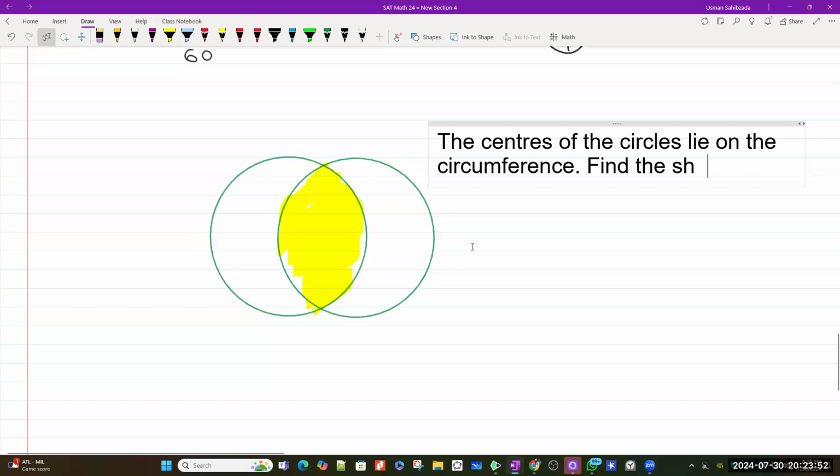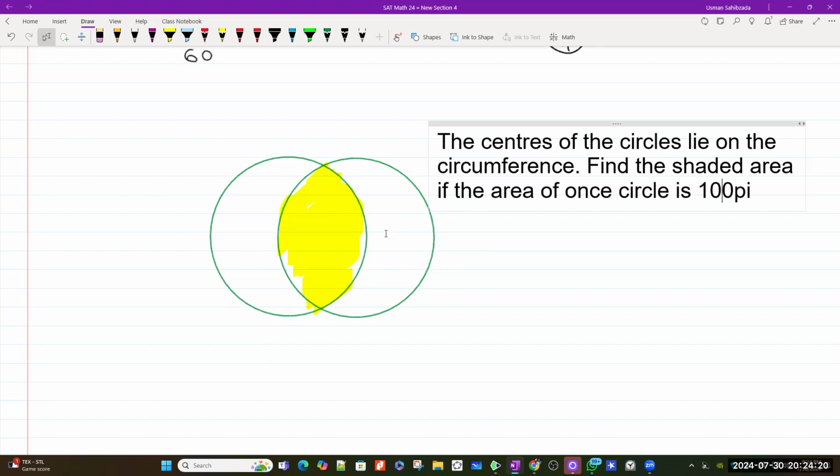Find the shaded area if the area of one circle is 100 pi. Not 10 pi, 100 pi.